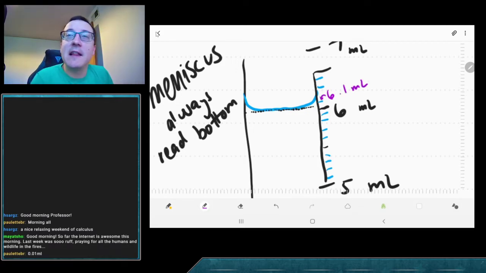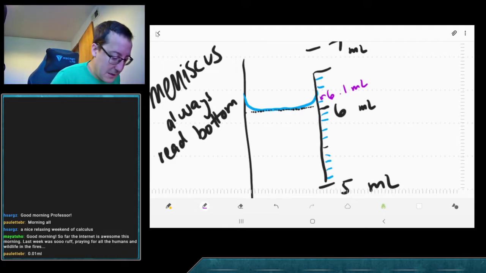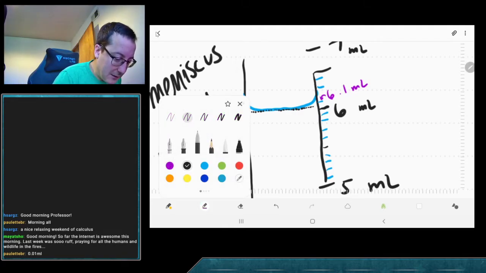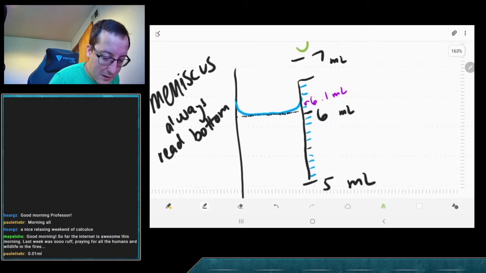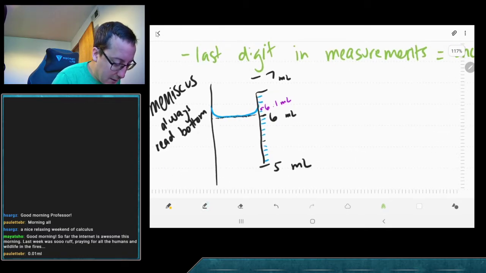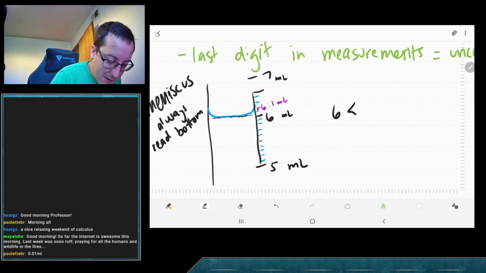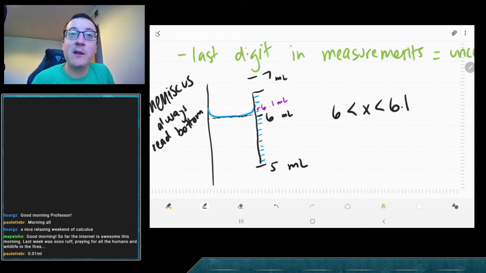So that means that little line there is 6.1 ml, right? So if we look at that, we're going to say that this is for sure in between. I'm going to zoom out here just so it's not so crazy. Back to normal. Our measurement is going to be in between 6 and 6.1, right?